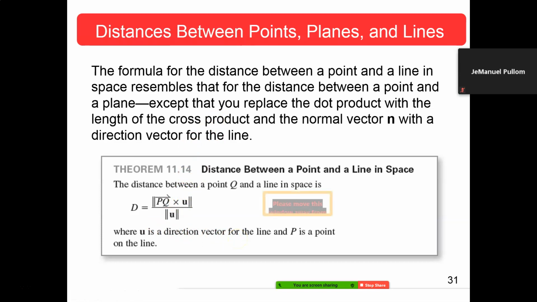P is a point on the line, Q is a point not on the line, and that gives you that. So the distance is a cross product.